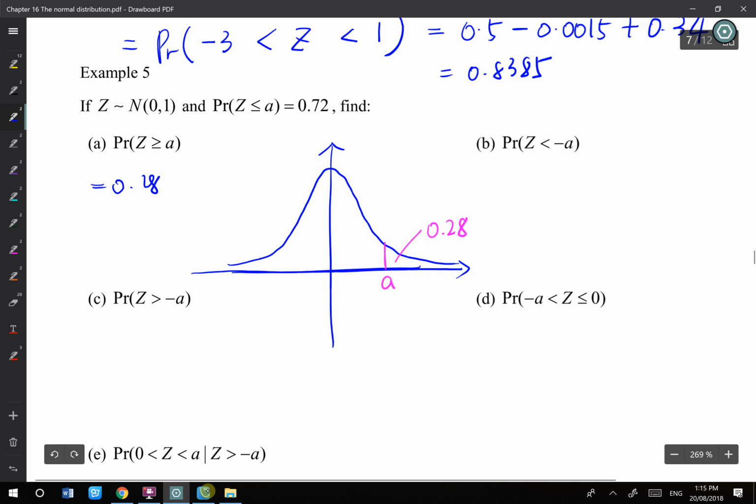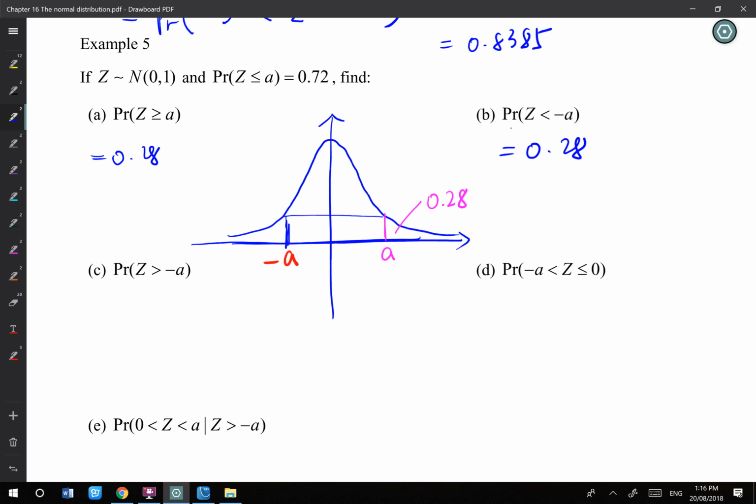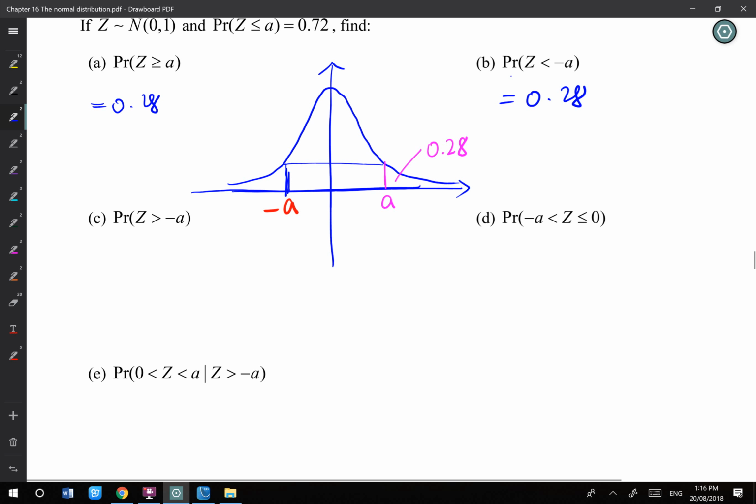Less than negative A. Okay, so my negative A must be here. Negative A is symmetrical. So less than negative A is the same as greater than A. So it's 0.28 as well. Greater than negative A will be the same as less than A. Same region.